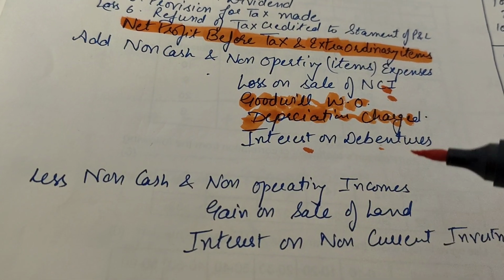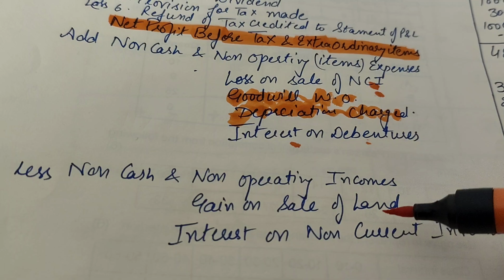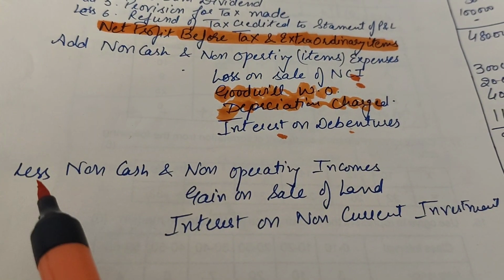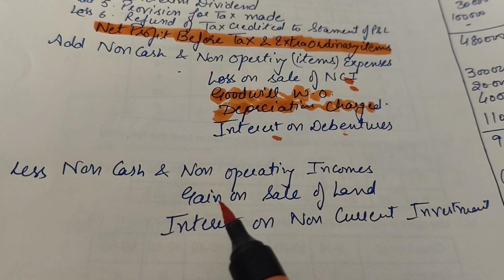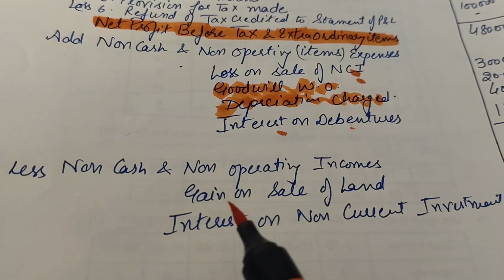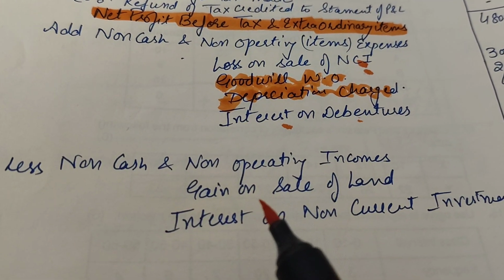Whereas in incomes, if it is a gain on sale of any non-current asset, it should be deducted, because this gain which we have added to the P&L statement is not from your operating activity, rather it is from your investing activity.